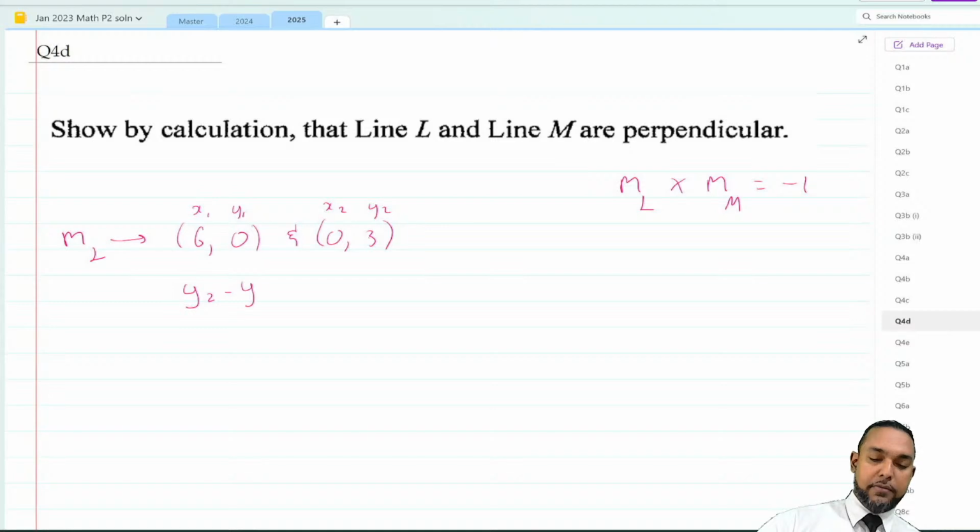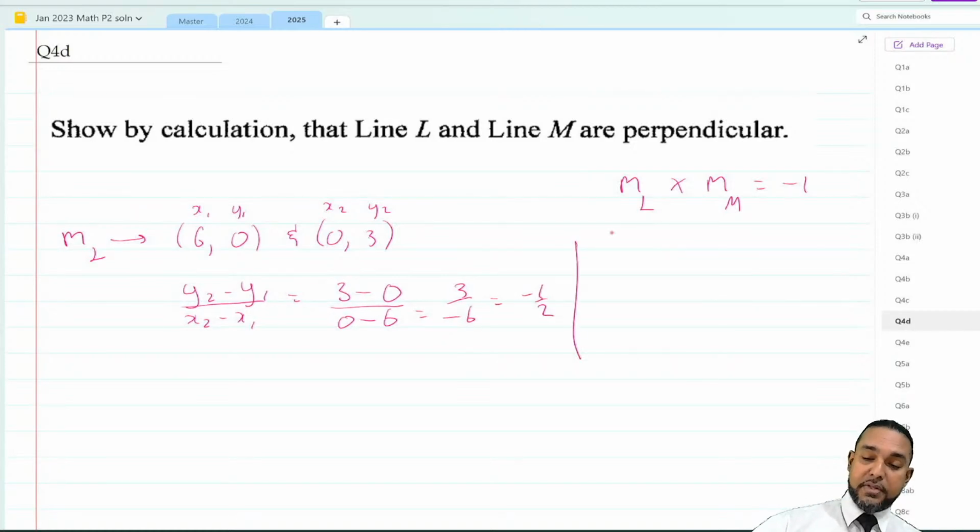Using the gradient formula, 3 minus 0 over 0 minus 6, which is 3 over minus 6, is minus a half. So now, if we take that gradient of minus a half, and multiply by the gradient we just found of 2, the 2 will cancel with the 2 one time. A minus 1 by 1 is minus 1.